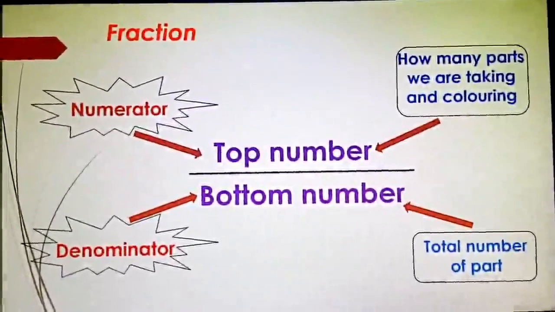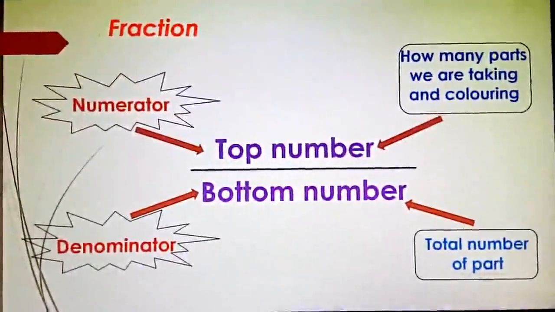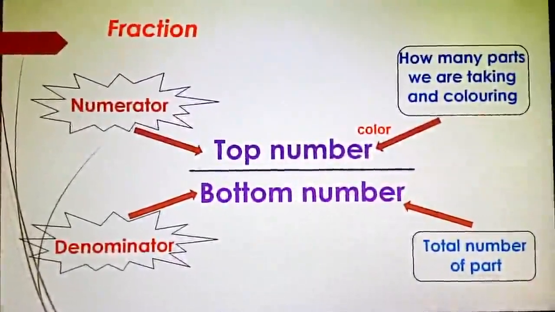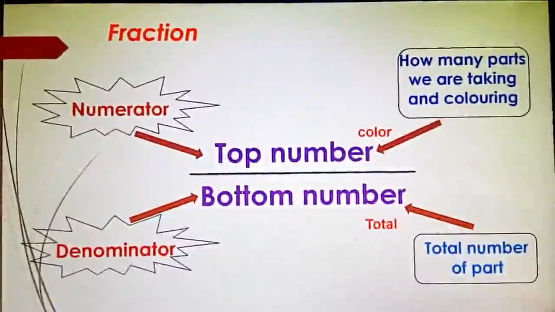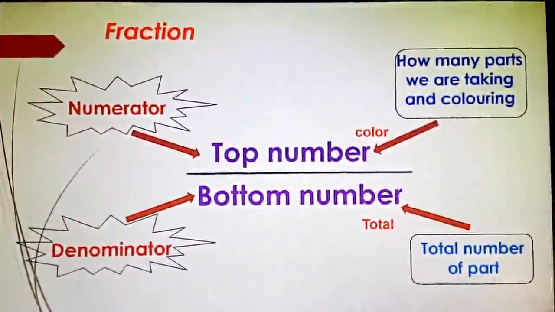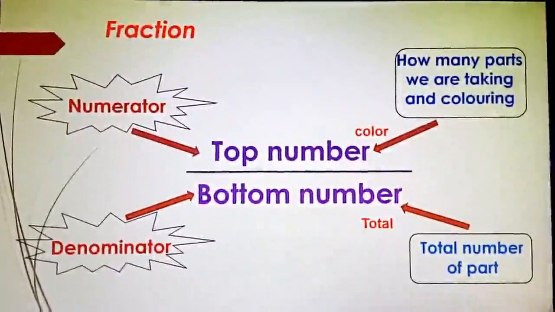When we draw the fraction, we can color the parts according to the top number. The bottom number is the total, and the top number means the parts we will draw.